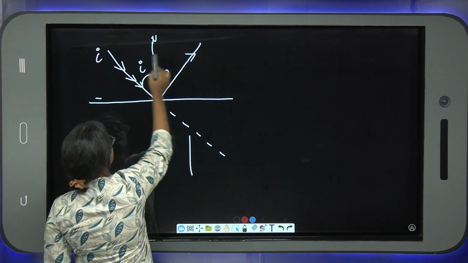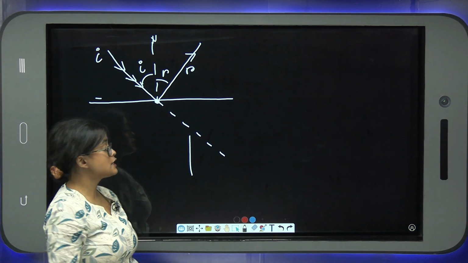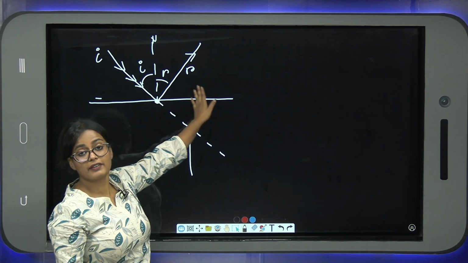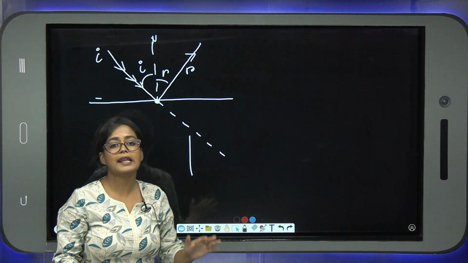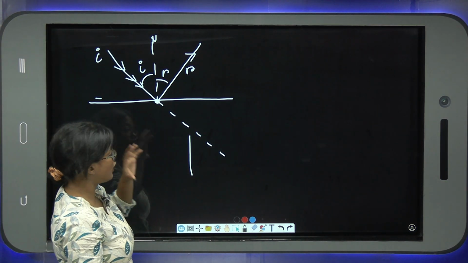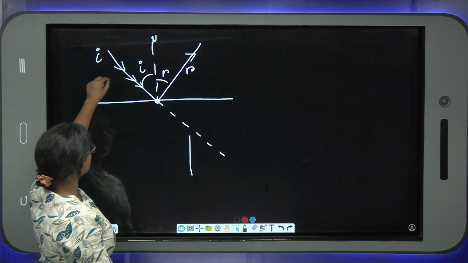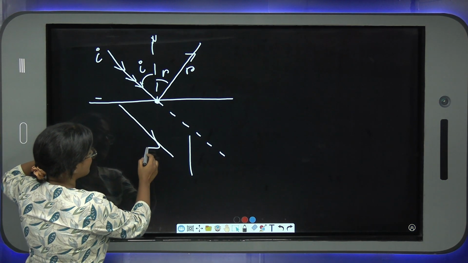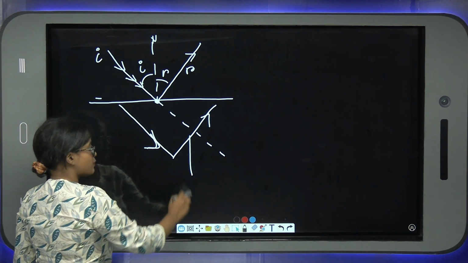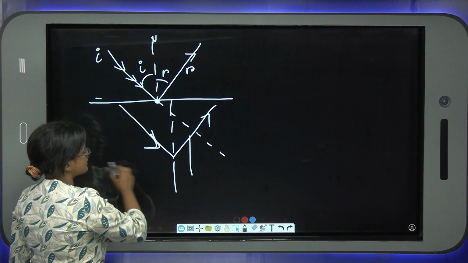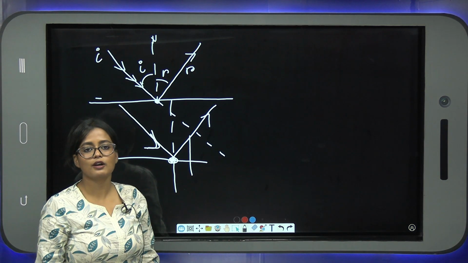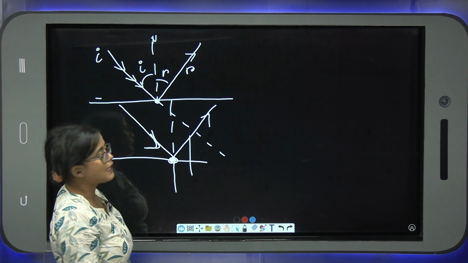The second law says that the incident ray, the reflected ray and the normal all lie on the same plane. If you imagine a piece of paper, and the incident ray follows the plane of this board, the reflected ray will also be on this board and the normal will also be on this board at the point of incidence. This is our second law of reflection, that all these lie in the same plane.